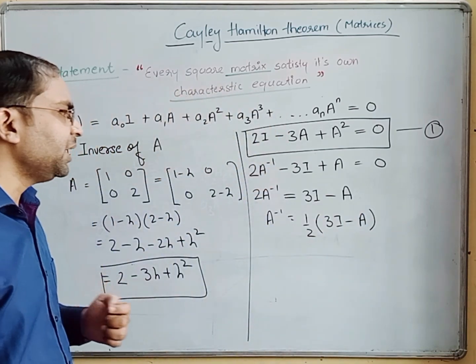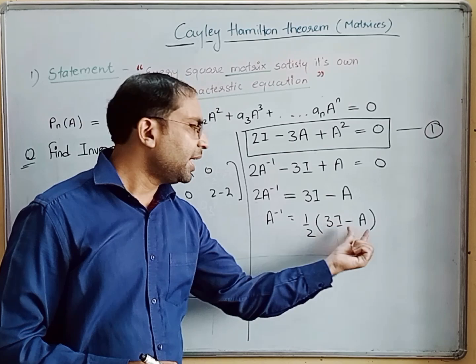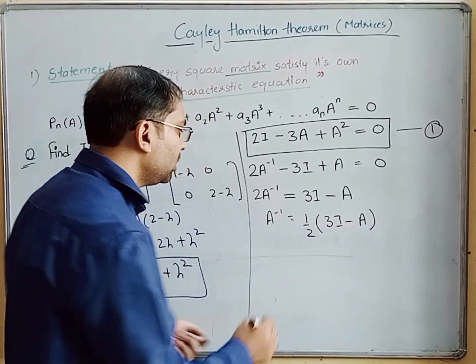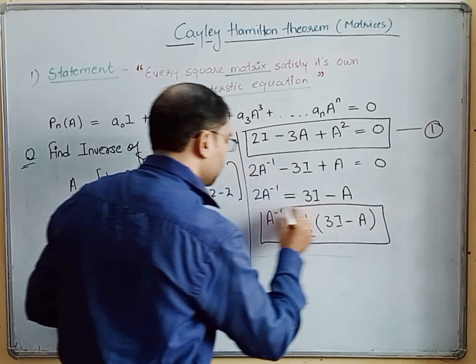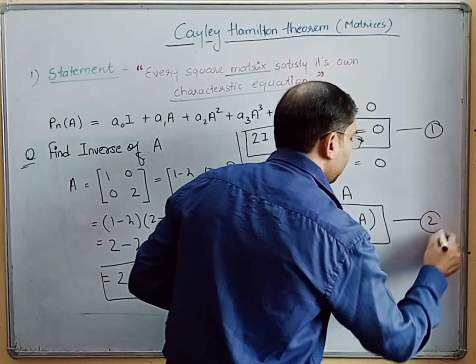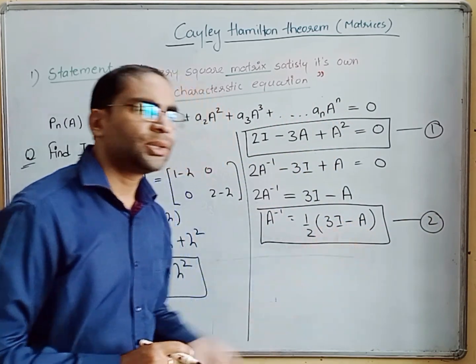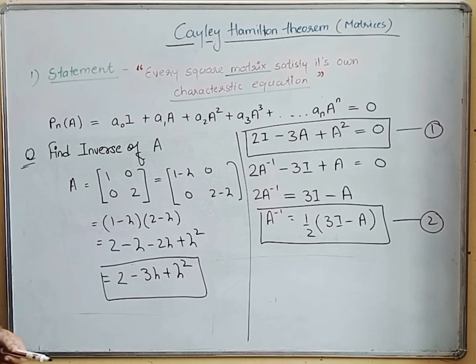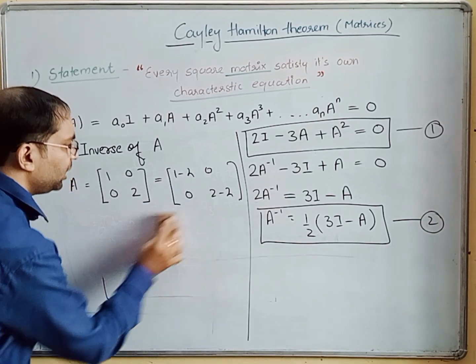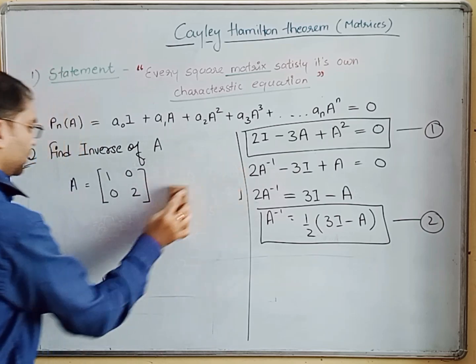Now we just need to replace the identity matrix and the matrix itself in this equation to obtain A inverse of the given matrix. So now let us replace this matrix here and just write the identity matrix for the given matrix just to obtain the inverse of the matrix.